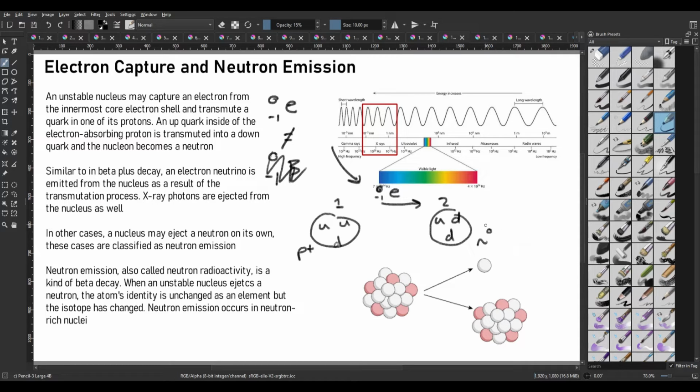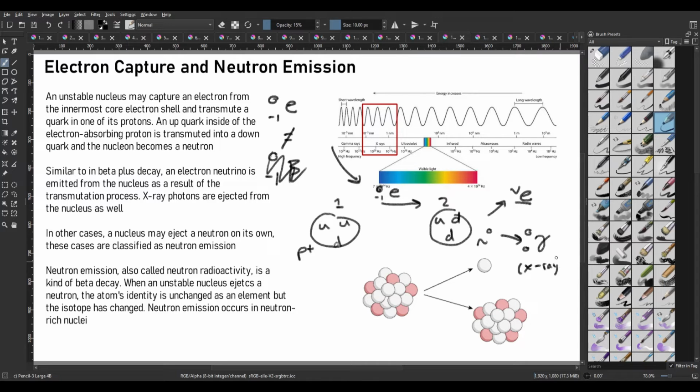And that's because when we have an electron capture, we're always going to emit an electron neutrino as well, to follow laws of conservation. And then the final thing that's emitted in an electron capture is, of course, a photon. It's not a gamma photon this time. This time it is an X-ray photon.